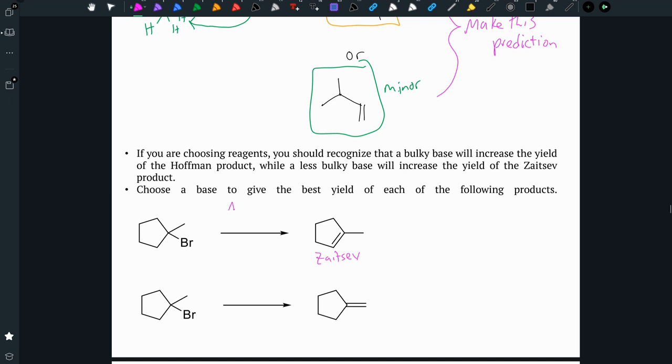So maybe methoxide or ethoxide would be a good choice, a smaller base to make that product. If you want to make the Hofmann product, then choose the big bulky base that will increase your chances of making that Hofmann product.